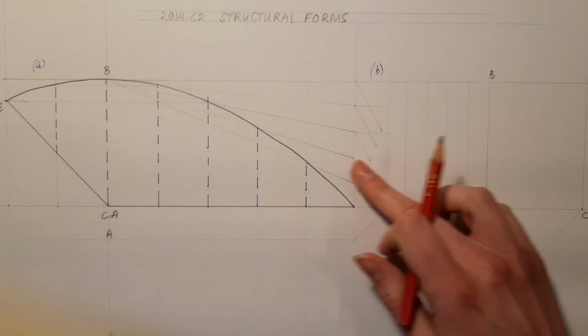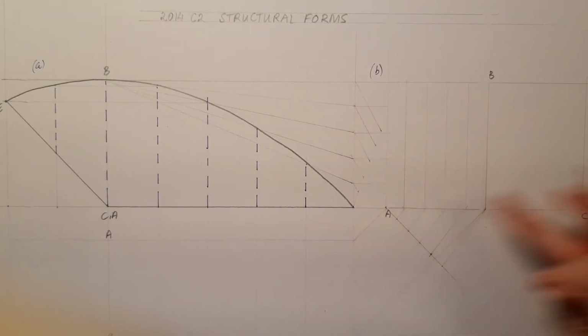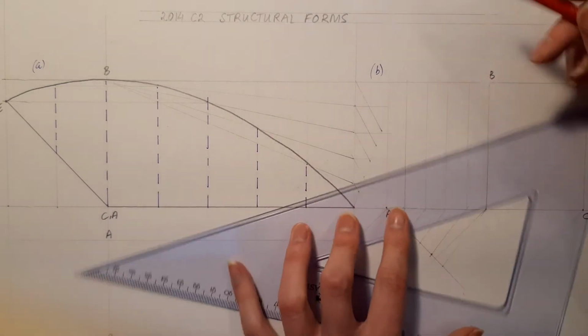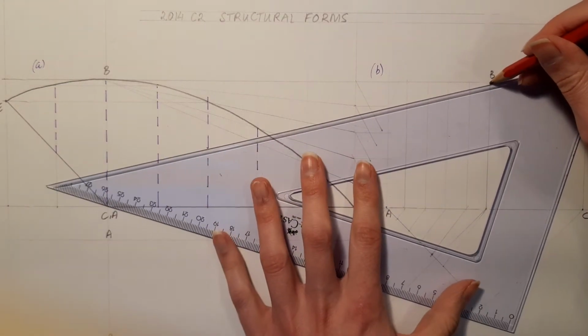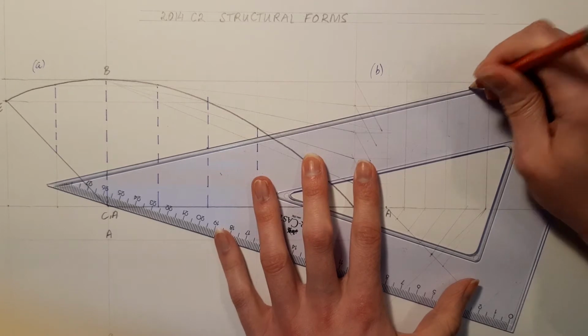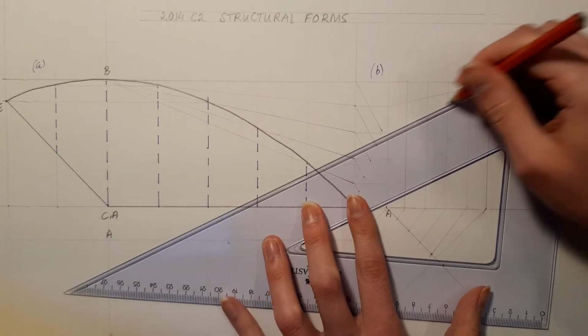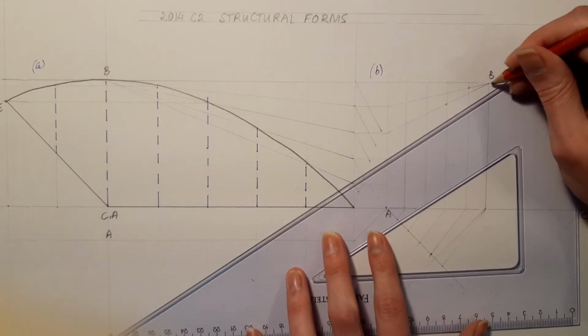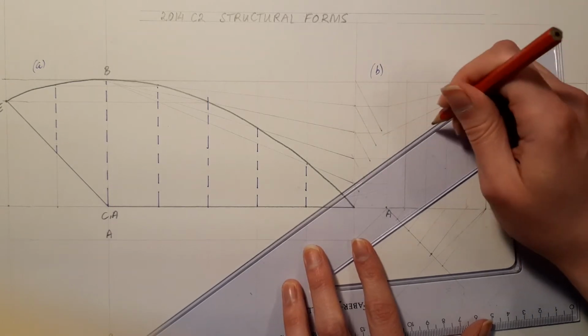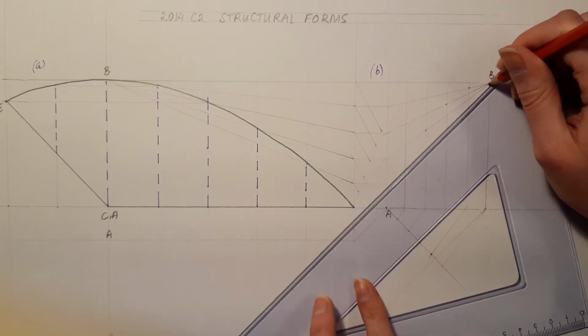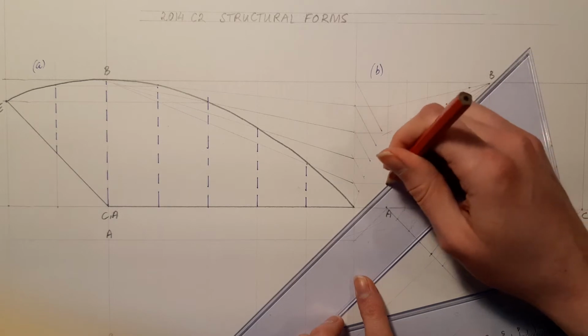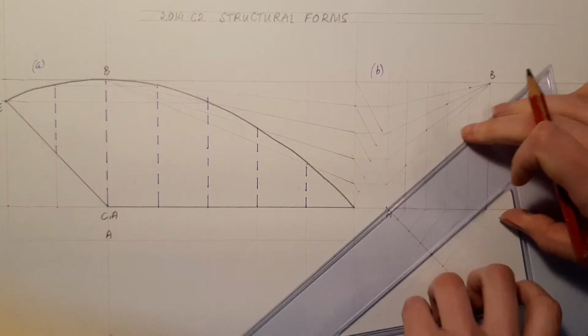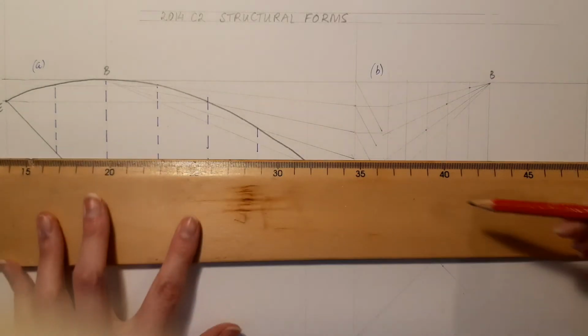Okay, so I've this divided up into 5, and I've the side divided up into 5. B is my vertex, so bringing everything to B. First line with the first point, second with the second. Okay, and you're going to transfer those points across to the other side.